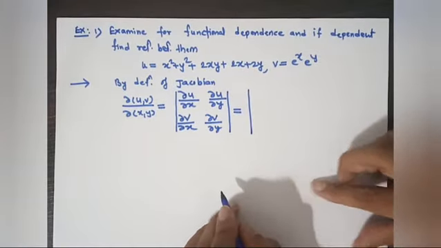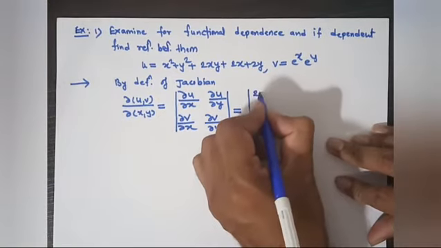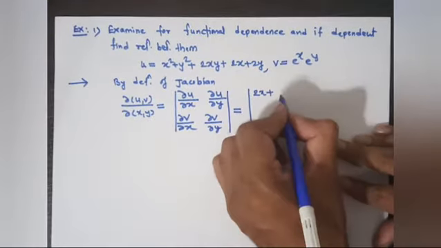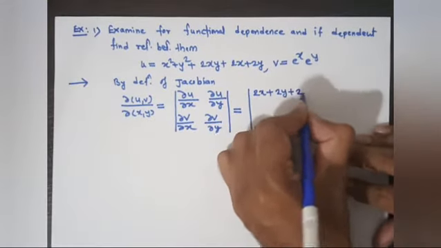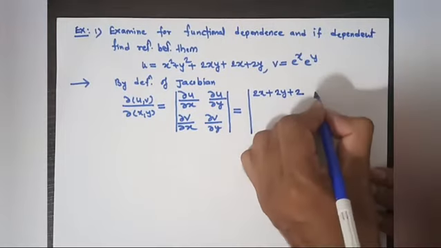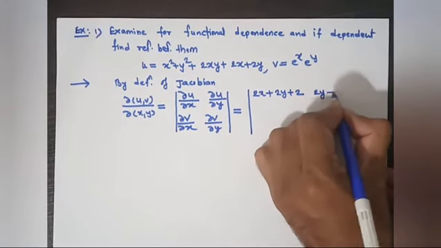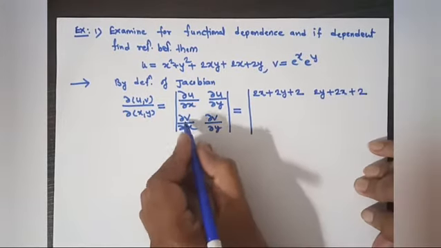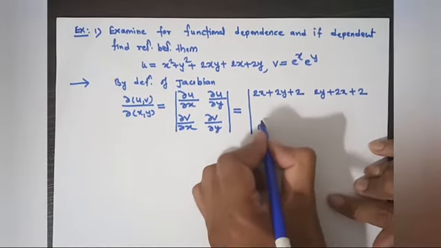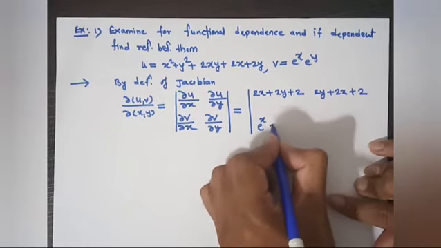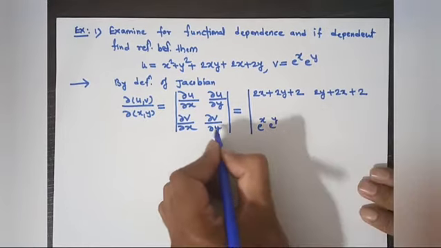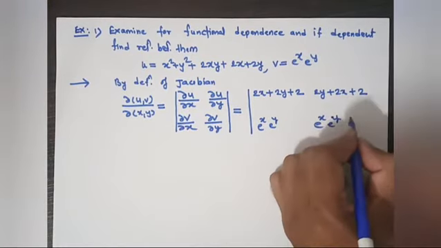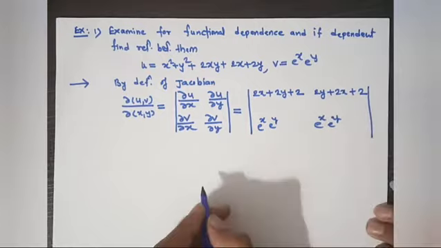Partial derivative of u with respect to x is 2x plus 2y plus 2. Partial derivative of u with respect to y is 2y plus 2x plus 2. Partial derivative of v with respect to x is e raised to x into e raised to y, and v with respect to y is e raised to x, e raised to y, because the derivative of the exponential function remains unchanged.